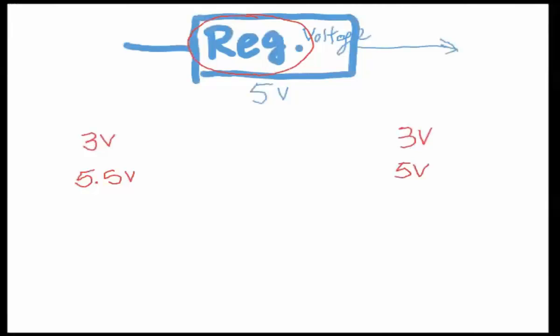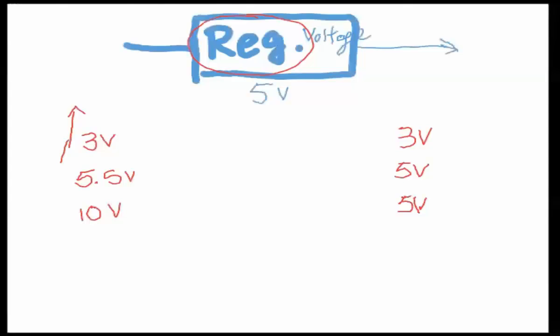If the input voltage is less than that, like anything below 5 in this example, then it's going to just pass it through. But that's the sole purpose of a regulator. So anything above, for example, if you feed in 10 volts, ideally speaking, it should maintain that 5 volts. Right? So that's what a regulator is.